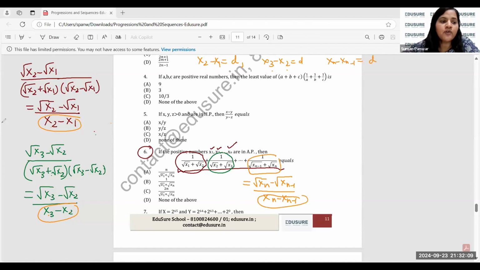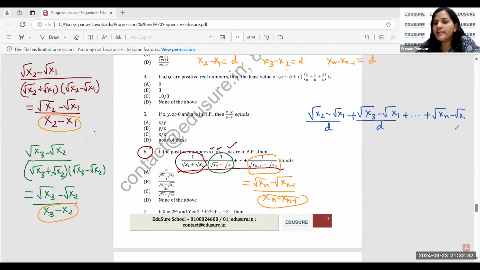Okay. So now just observe what will happen. The first term will become root x2 minus root x1 upon d. The second will become root x3 minus root x2 upon d. And we will keep on going. And the last one will become root xn minus root xn minus 1 upon d.